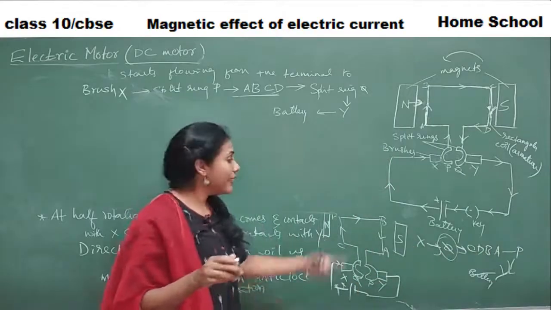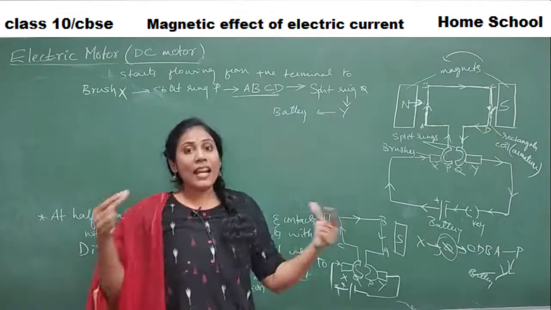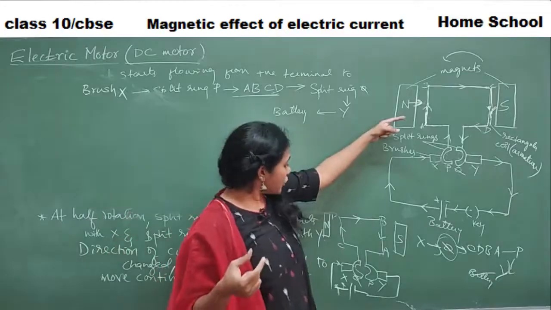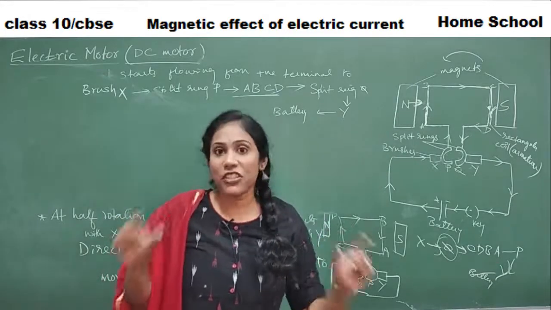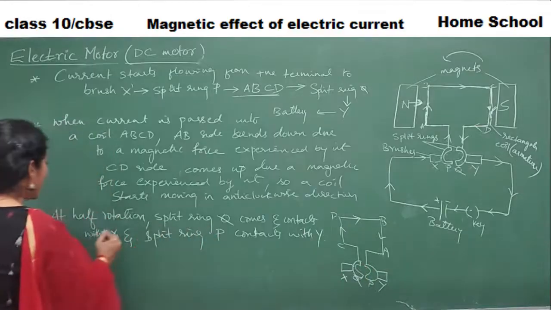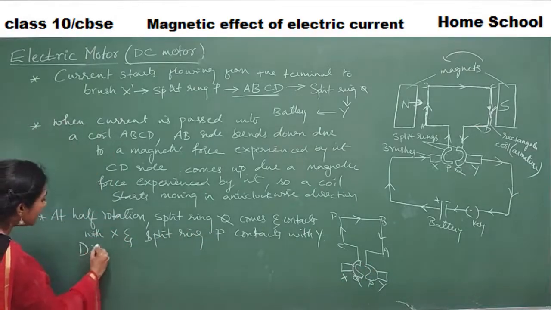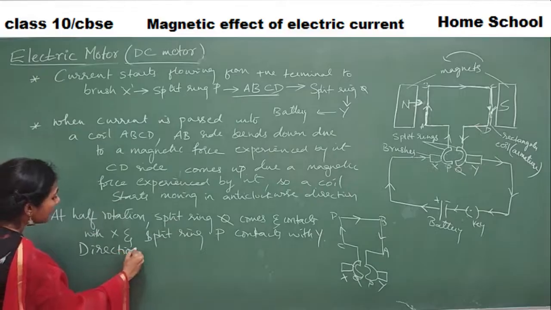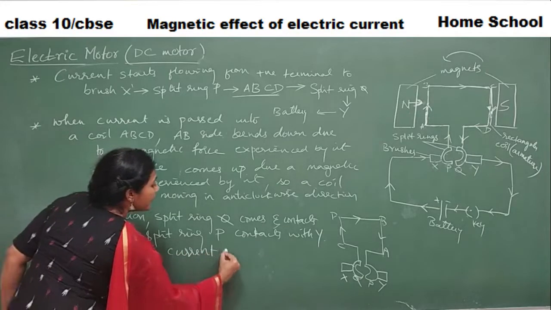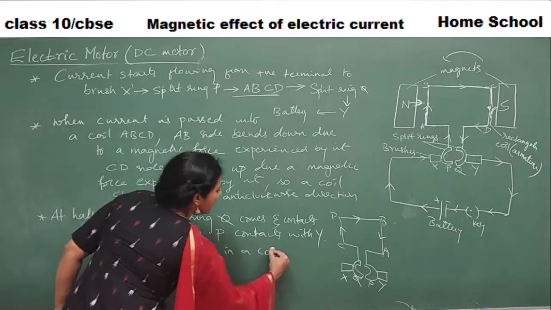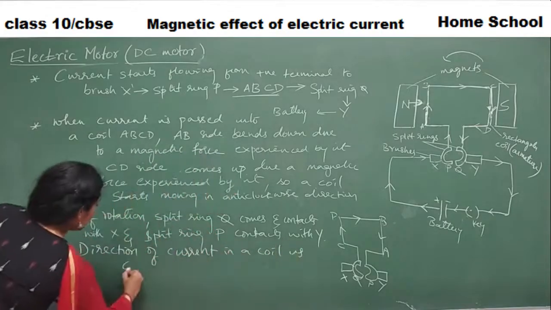CDBA. Right? So this is how after a half rotation, direction of current in the coil will change. Okay? So what you have observed here, direction of current in a coil is changed.